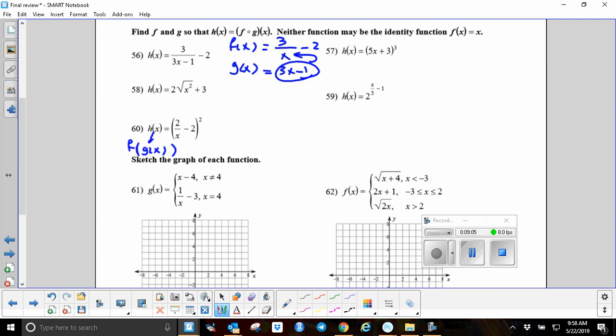You can see what I see, something is being squared. Right? So my first function, I'm going to put f of x is whatever I have here, x and then b, it becomes squared.